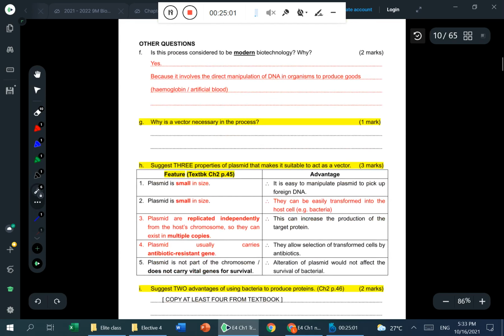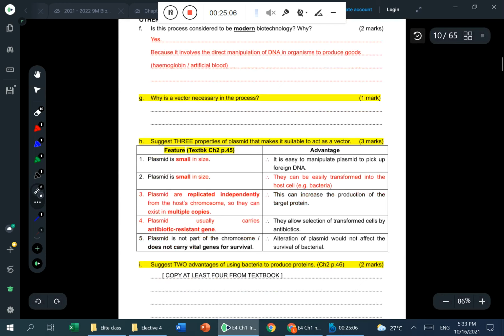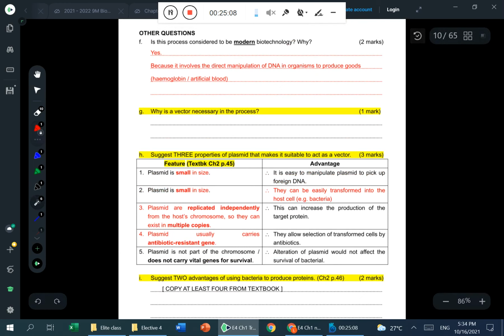So now, sorry, one more thing. I'm sorry that I forgot to answer this question. A factor is needed, otherwise, you can say it's needed to bring the gene of interest into the host cell.